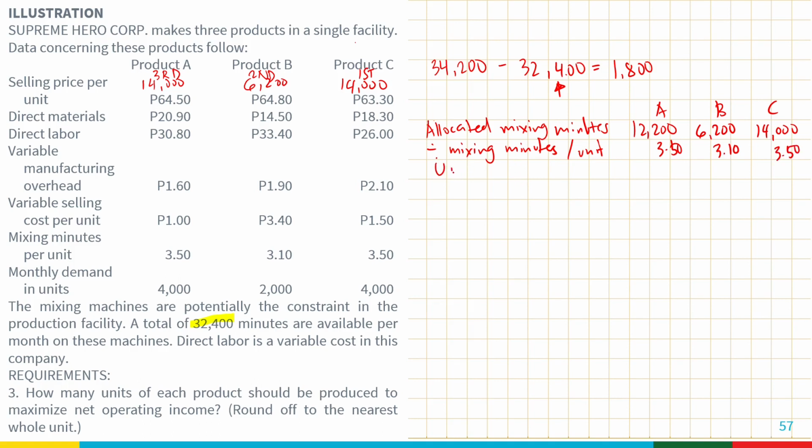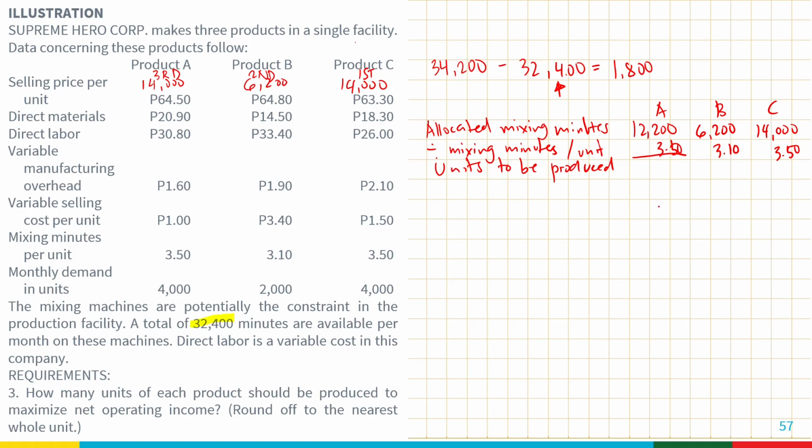So, units to be produced. Sagot natin ay 12,200 divided by 3.5. 3,486 siguro.